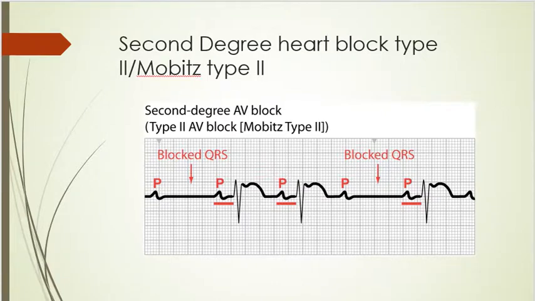Typically, if something like this is symptomatic, we're obviously going to treat it. With these patients, we really worry about them going into the worst, which would be your third degree AV block, so we're monitoring them. The same situation comes up here.